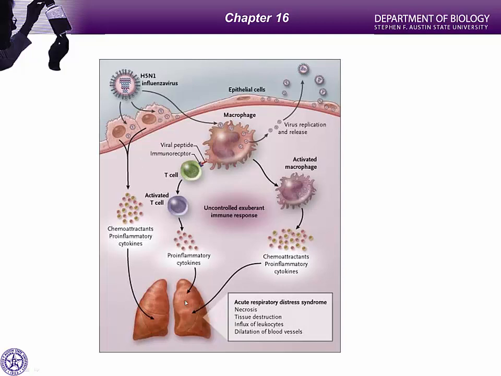So you see how this is the perfect storm, producing all these inflammatory molecules that again lead to tissue destruction and death of the tissue by necrosis, leukocytes coming in, inflammatory response, dilated blood vessels to get them in there, and it's going to make this worse and worse until practically you drown in your own tissue fluids. That is an extreme case, but that is the problem we see with the immune system working overtime to try to eliminate these viral particles from our respiratory tract. And the danger then is influenza viruses that can be extremely virulent and do quite a bit of damage to populations.